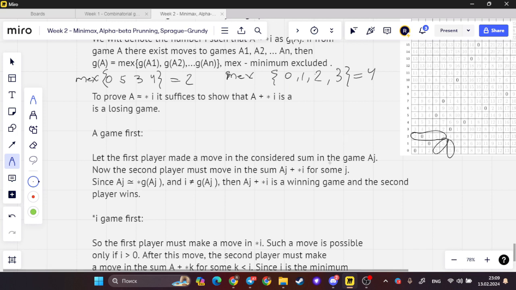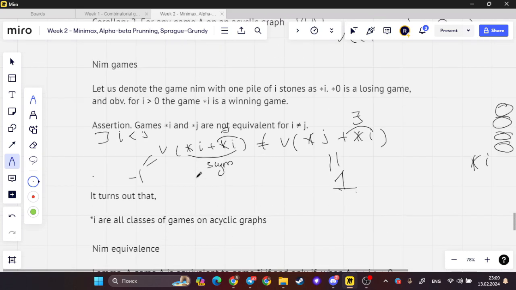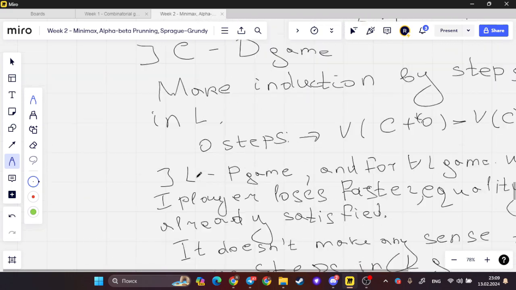But notice that E does not equal G. It means this game is a losing game according to our proof.